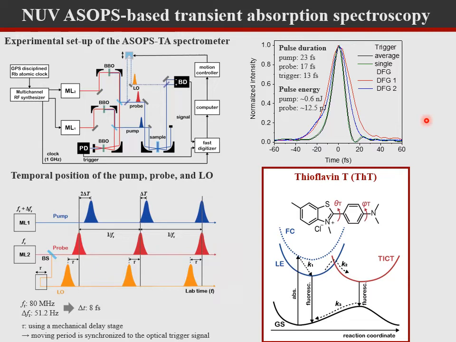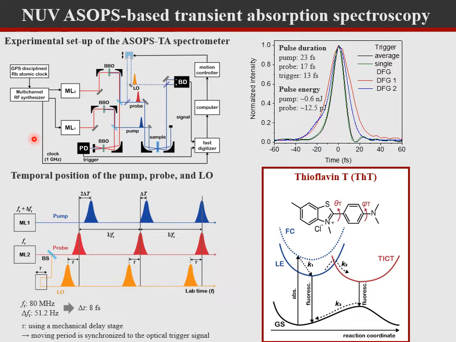phase, and is capable of measuring both the transient absorption and reflection spectra simultaneously. Similar to ASOPS-TA, the pump and probe pulses from mode-locked laser 1, ML1, with a repetition frequency of 18 megahertz, and ML2 with a repetition rate of 18 megahertz plus the detuning frequency, interact with the chromophore in the solution, which produces the third-order polarization with a wave vector identical to that of the probe beam.